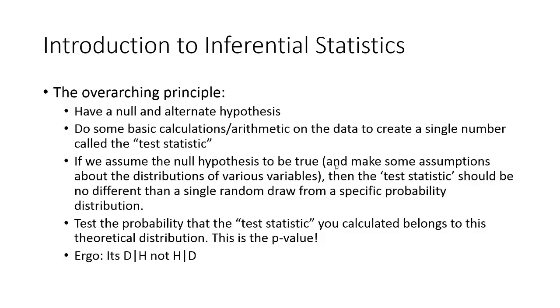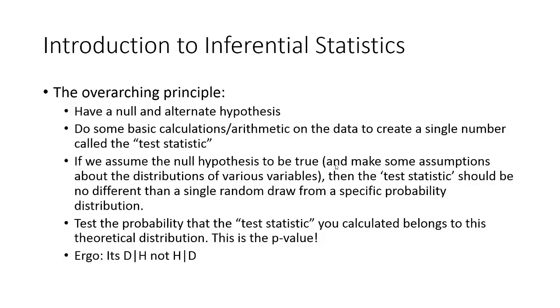You basically say, hey, it looks to me like if the null hypothesis is true, then whatever I've calculated here with the sample should be like drawing a random number from this distribution. So let me calculate the actual test statistic and see how likely it is that this number came from that probability distribution. And that is what we call a p-value.